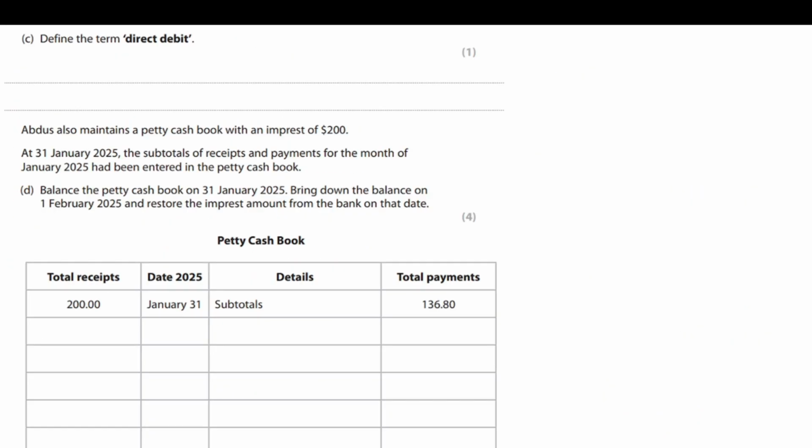Coming to the next part, it says define the term direct debit. We know direct debit is when the business authorizes a third party to get, for example, any hire purchase or installment on a non-current asset.